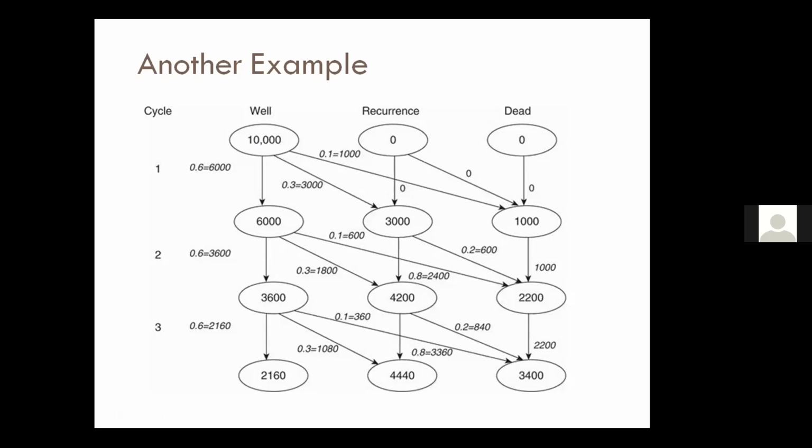They will not die directly, but will be in a disabled state. So if you look at the second year, you will find that 3,000 people are suffering, 1,000 people died of the disease and 6,000 people are well. Come to the third year, you will see that 3,600 are well, more people are diseased, and the dead number has increased. The same cohort is moving, and every time it is accumulating.